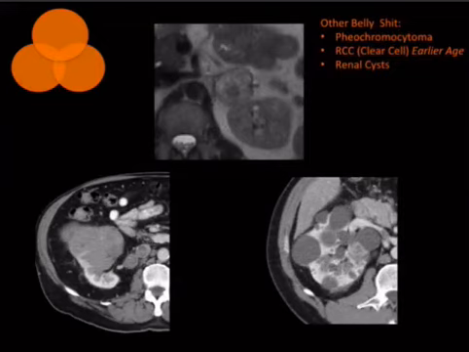And then there's other stuff in the belly, mainly centered around the kidney. So cysts, renal cell carcinomas, clear cell, bilateral at an earlier age, and pheochromocytoma.